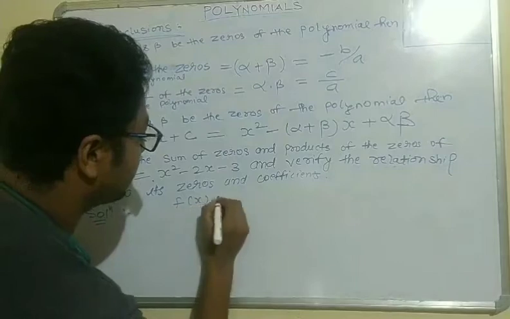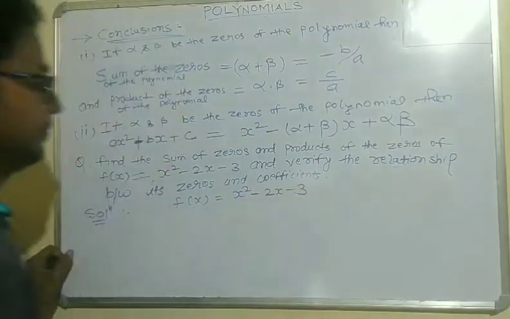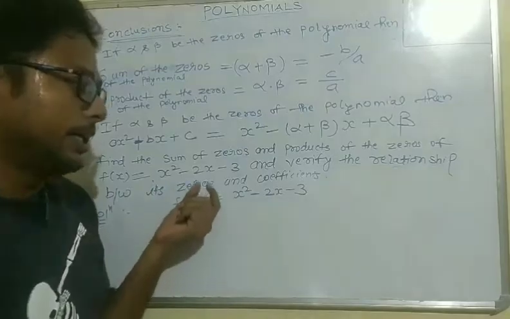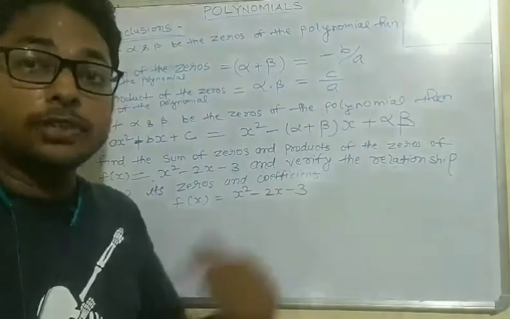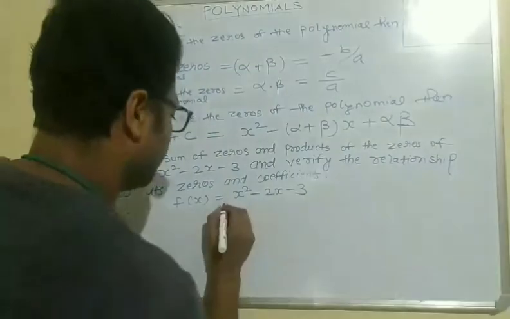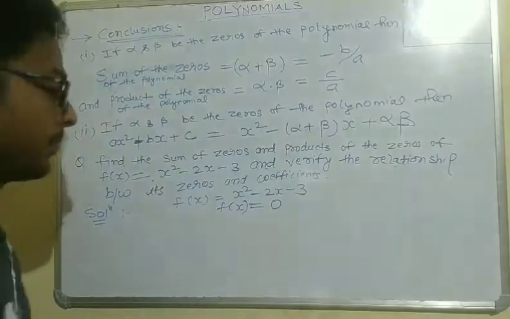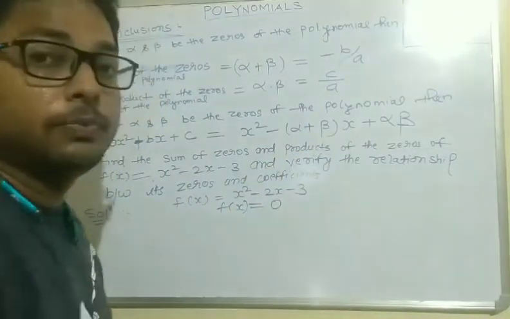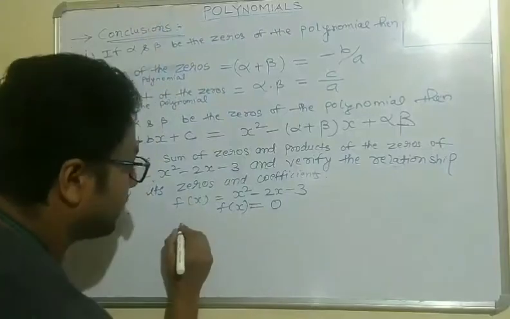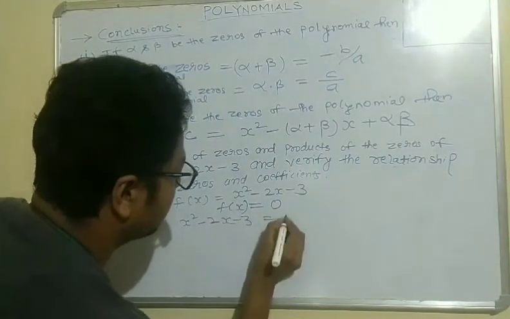Here the polynomial f(x) equals x square minus 2x minus 3. Here it is given that x is a zero of the polynomial, so f(x) equals 0, and we expand it into factors. x square minus 2x minus 3 equal to 0.